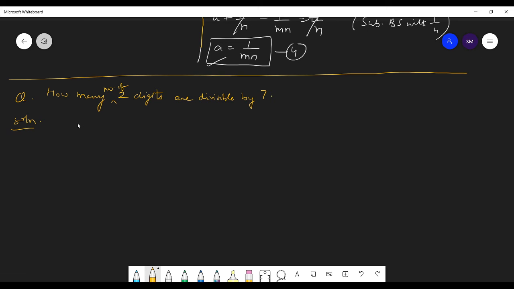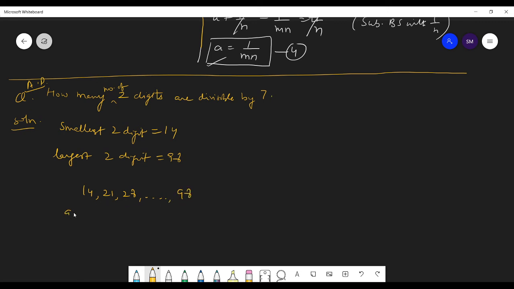So form an AP. Because we are doing AP, can you form an AP? What is the smallest 2 digit number? 14. Yes, very good. So smallest 2 digit is 14. What is the largest 2 digit number? 98. Yes. So you will start with 14 and then 21 and then 28 and then up to 98.